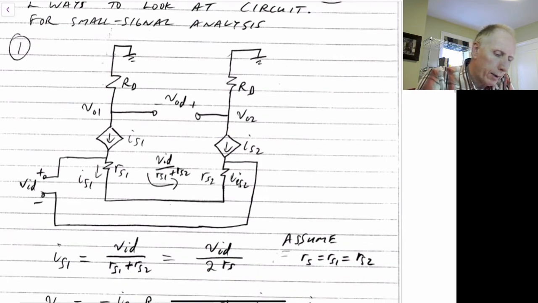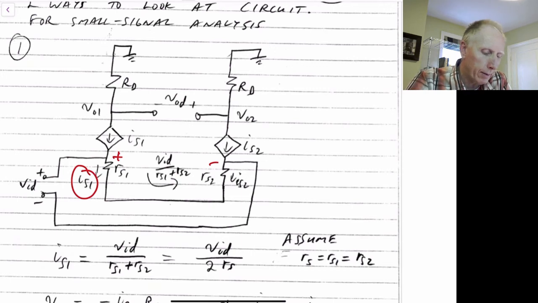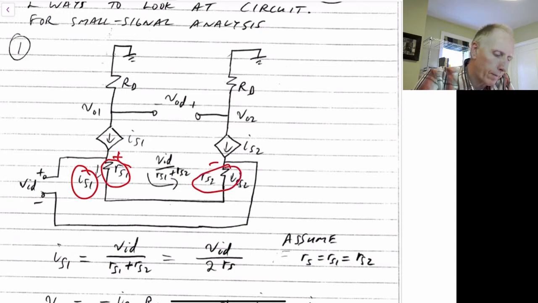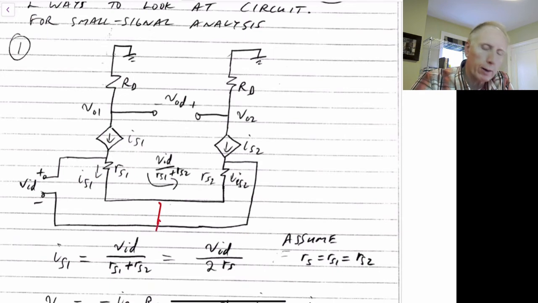So if we look at the current, IS1, IS1 is going to be this voltage here, which is VID, divided by this resistance plus this resistance because they're in series. And notice for the current source that we had, which was going to occur down here, we've also assumed its output impedance is infinity, so we've been able to ignore this current source at the bottom here.